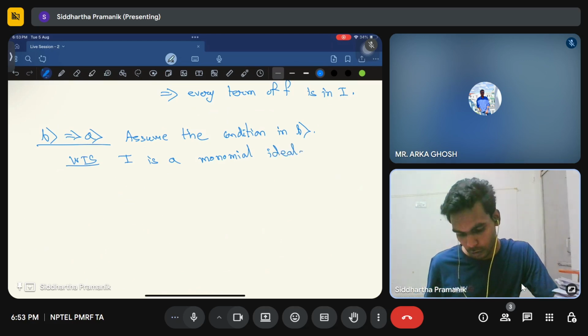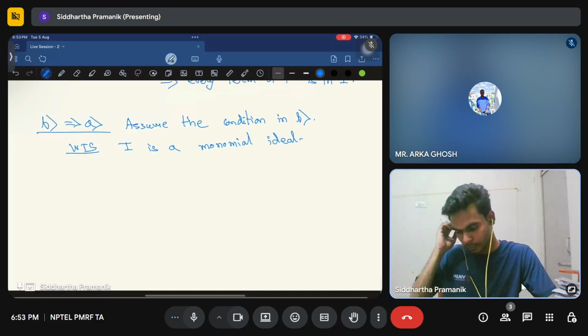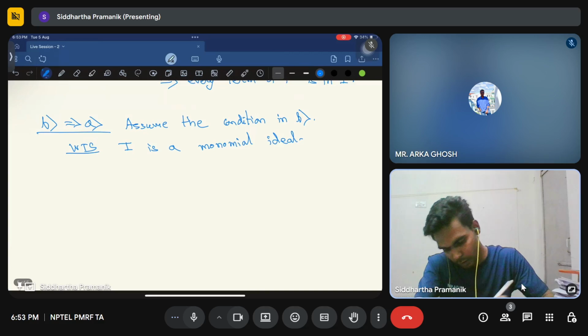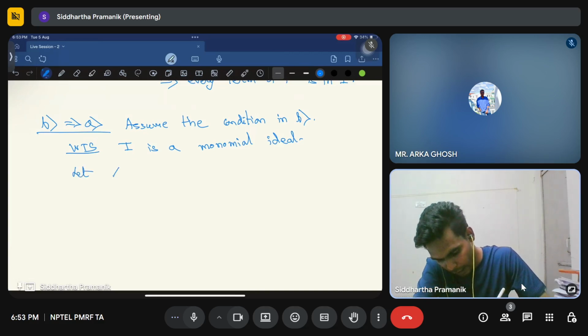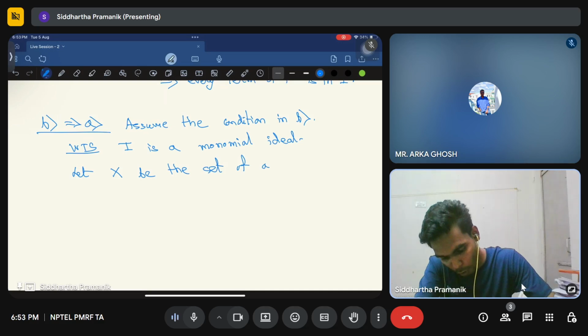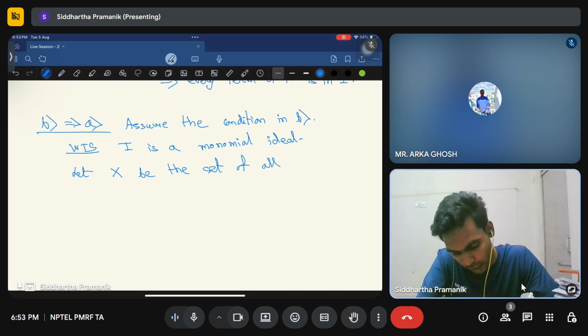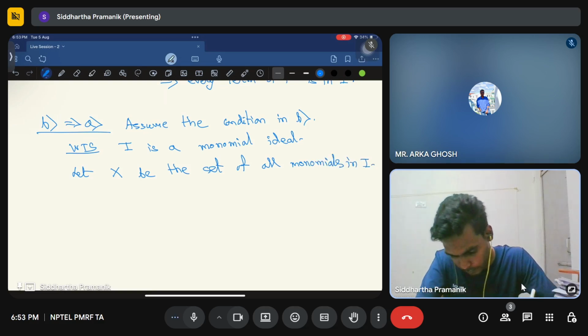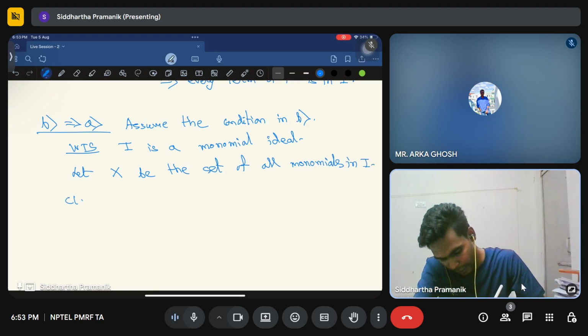So for that we need to prove that I is generated by a set of monomials. So let X be the set of all monomials which are in the ideal I. So claim that this ideal I is generated by the set X.